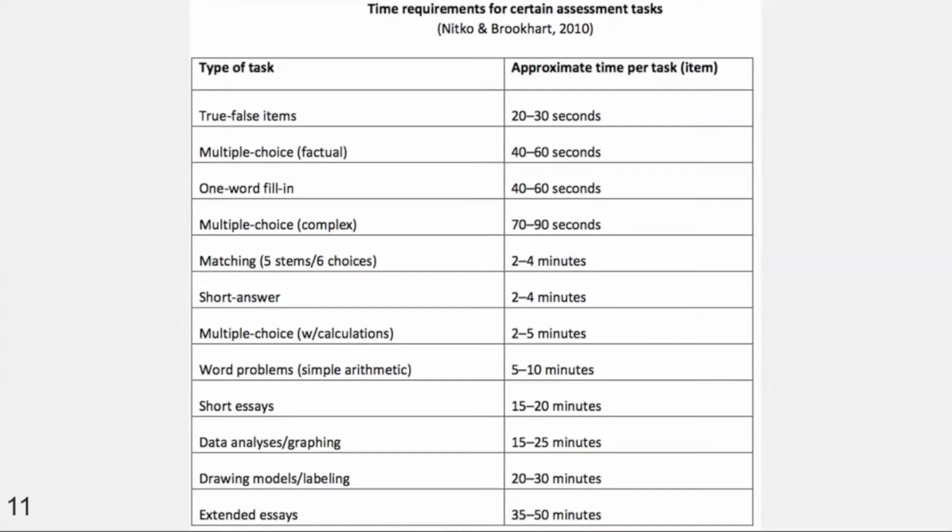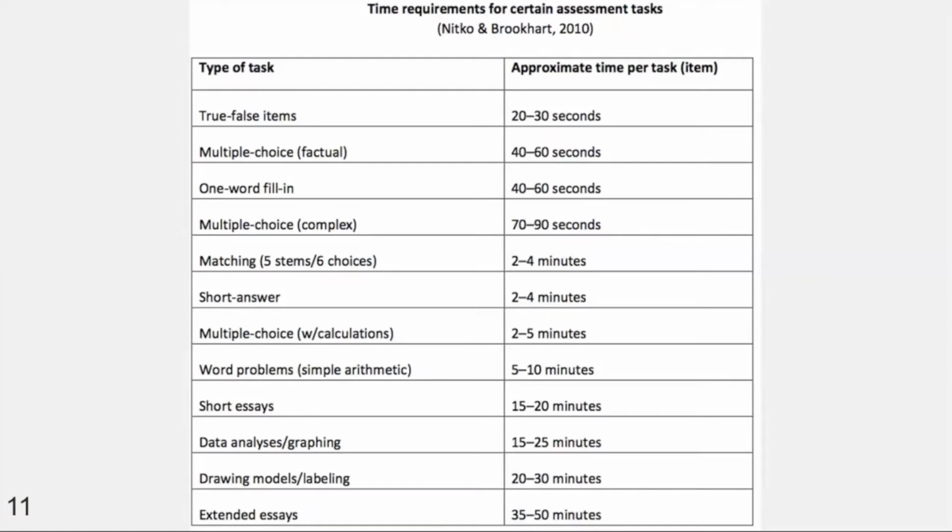So you will sort of gauge between the easy questions, which require 40 to 60 seconds, and the balance will be for them to attempt the complex questions. One word fill-in questions will be 40 to 60 seconds, matching 2 to 4 minutes, and so on and so forth. We've got short answer.